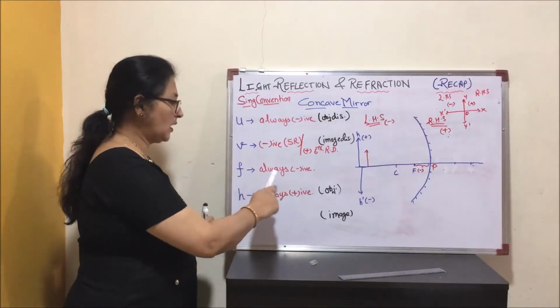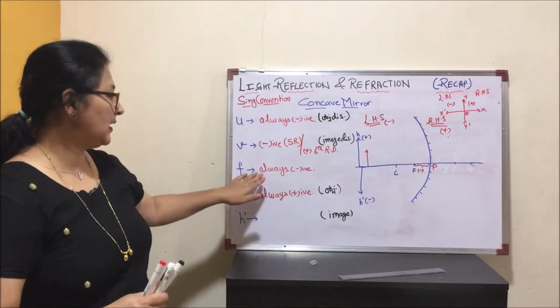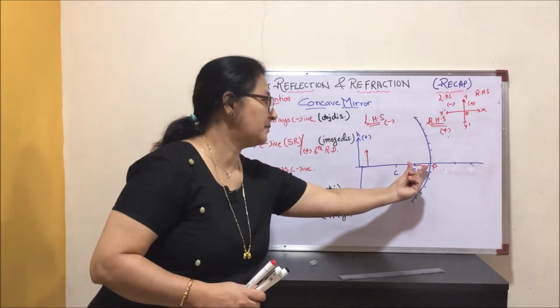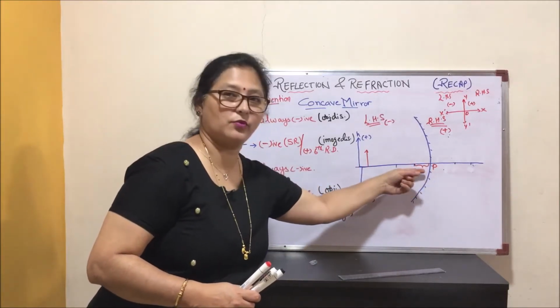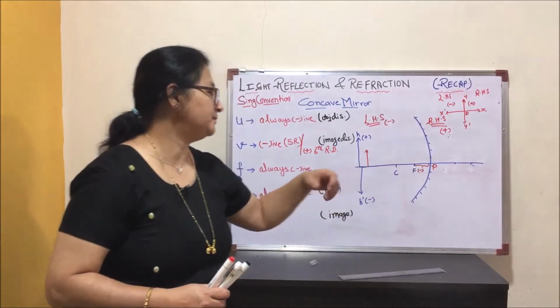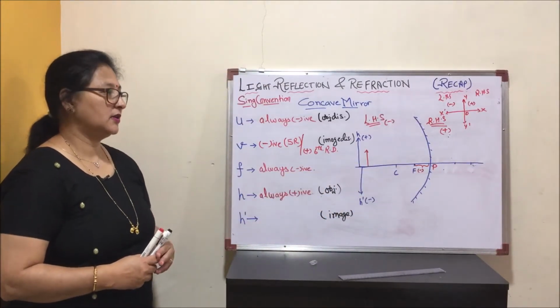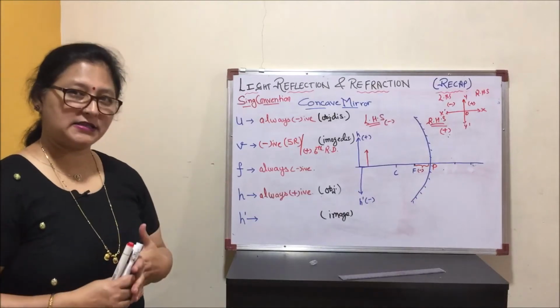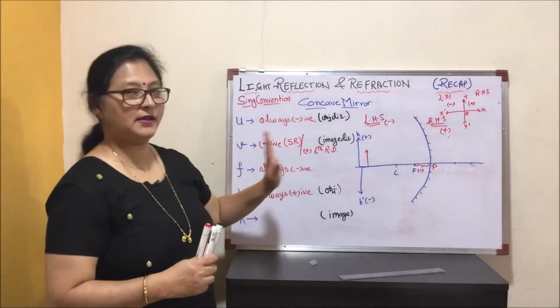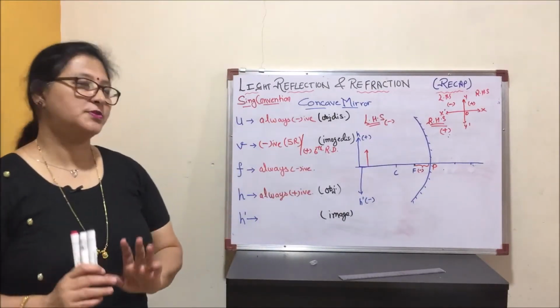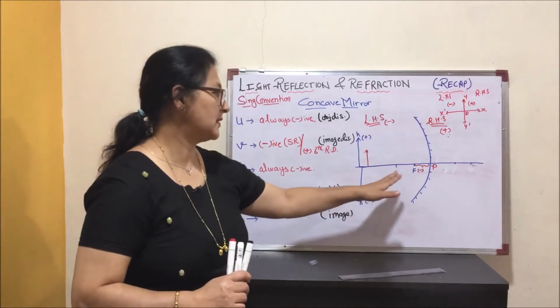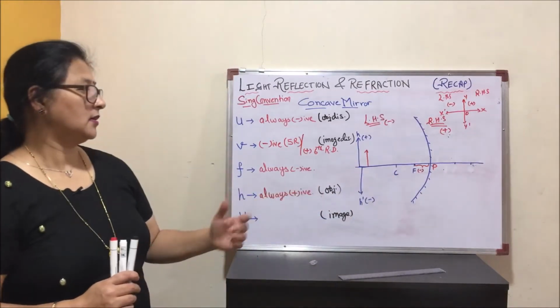Now, in the case of focal length, we have considered the focus between P and F. The focal length is always negative in the case of a concave mirror, because the object was placed here.